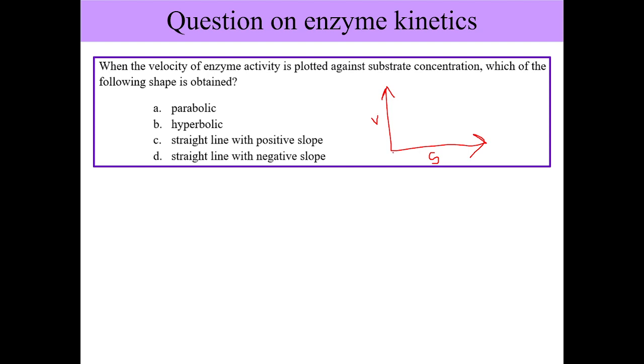I am sure you remember this was your Michaelis-Menten equation, and therefore is it a parabola? No, it does not look like a parabola. Is it a hyperbola? Yes. Straight line with positive slope? No. Straight line with negative slope? No. So therefore the right answer should be B. This is a hyperbolic graph.